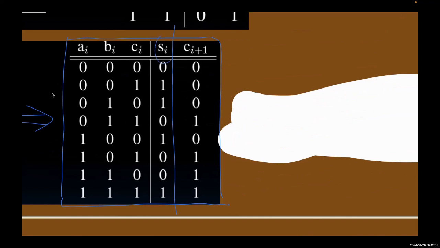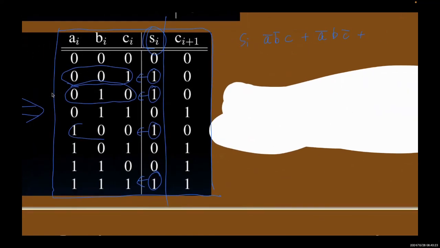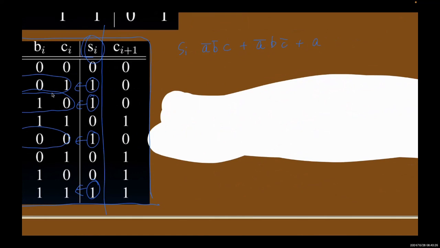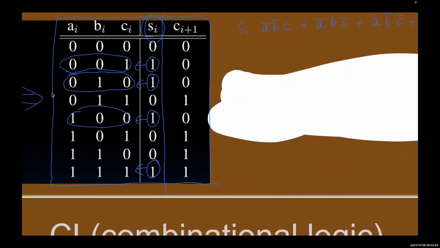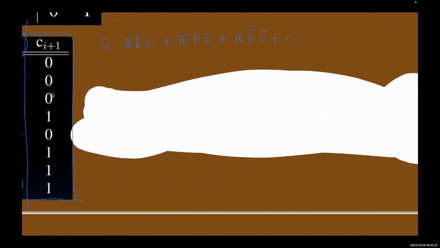For the first output, which is Si, the 1s are here, here, here, and here. So the canonical form is the sum of these four product terms, with A, B, C complemented as appropriate.